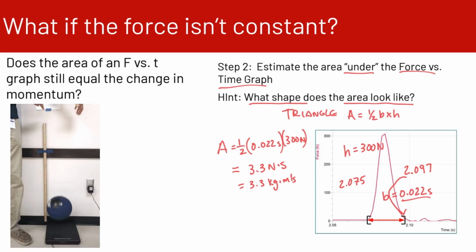If you compare to the answer we got by looking at our calculations, we had 3.03 kilogram meters per second. So the difference here is about 0.27 kilogram meters per second.